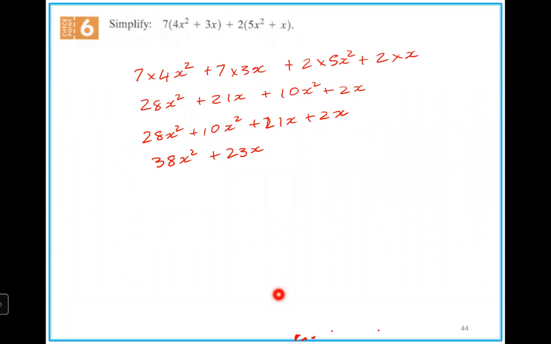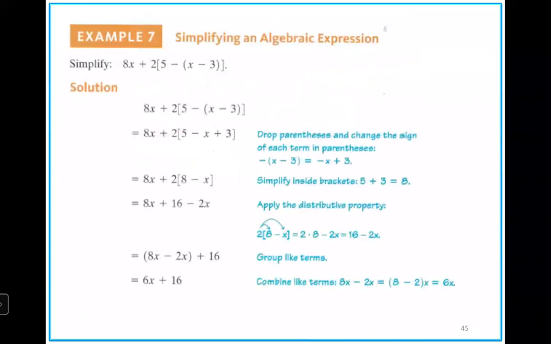All right, so this one wasn't too bad. We didn't have any negatives in it. Sometimes the negative can pose a little bit of a challenge. So we're gonna move on now to this next example. The difference with this one now is that we have multiple brackets.